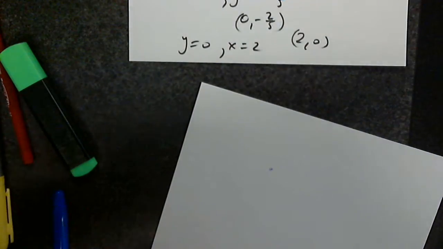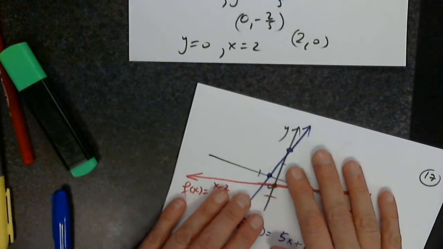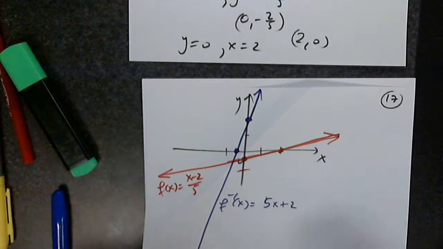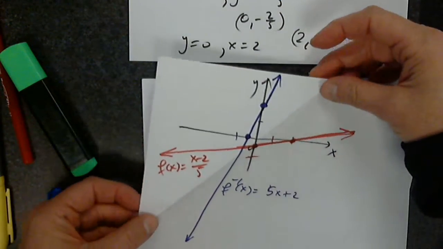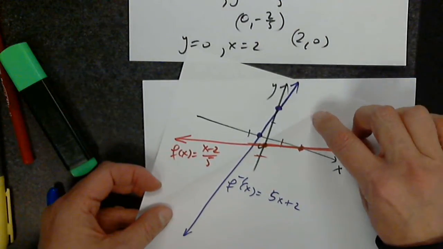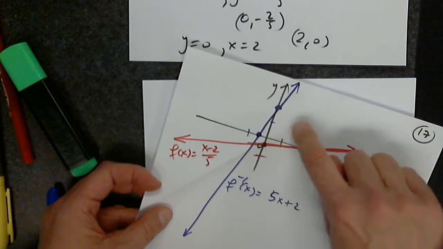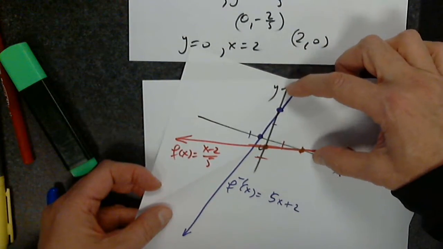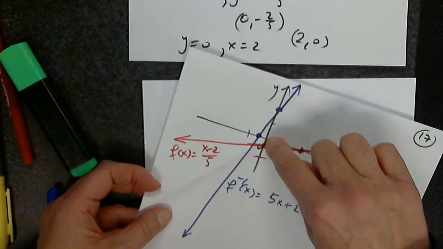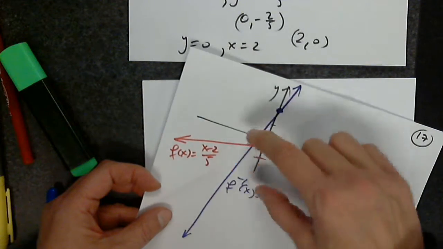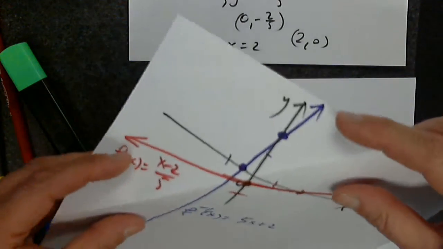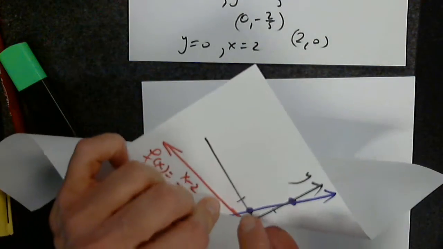See, I couldn't have done that with the board, right? I folded my graph on this line that bisects, divides the first quadrant in half, and continues to bisect or divide the third quadrant in half. And look what happened.